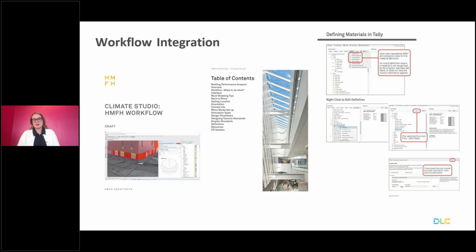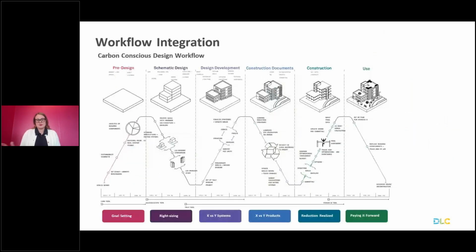Here you can see an example of a daylight workflow, but what we want to do is break out tasks and decision points by project phase and make sure that we're checking those off right from the beginning. And by doing this, we think we can sort of equally elevate the sustainability standards on all of our projects.